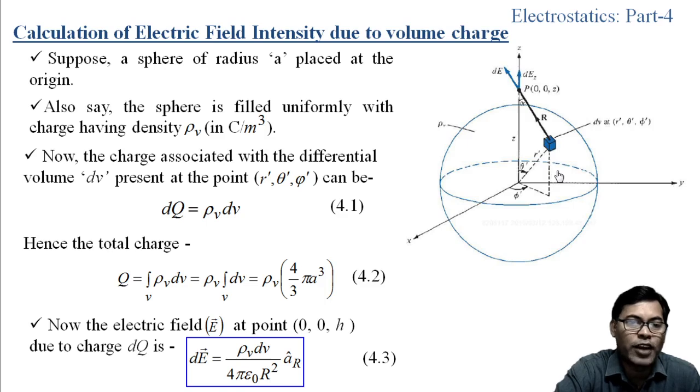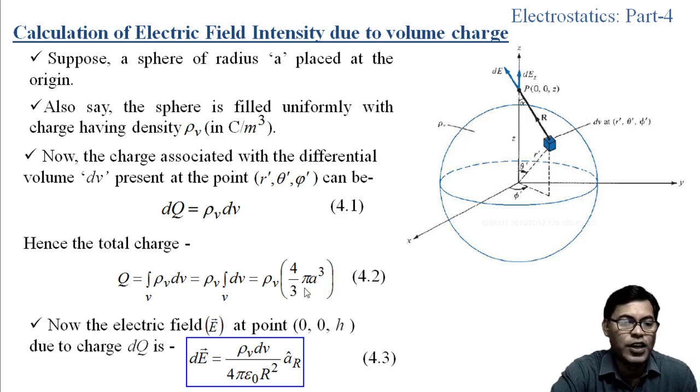Now we can find the total charge q, which equals the volume integral of rho v dv. Since rho v is constant, it is rho v times the volume integral of dv, and we know the volume of a sphere is 4 by 3 pi a cube, because a is the radius of the sphere. So the expression of charge q is given by equation 4.2.